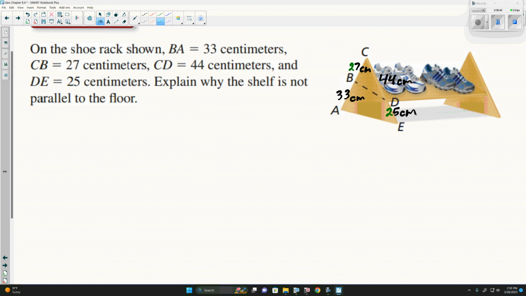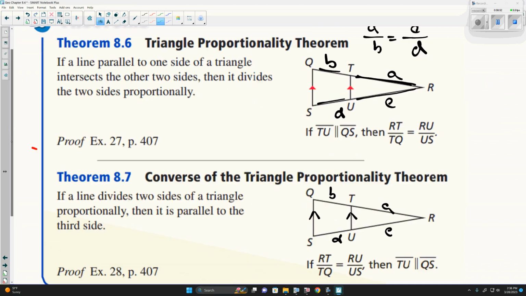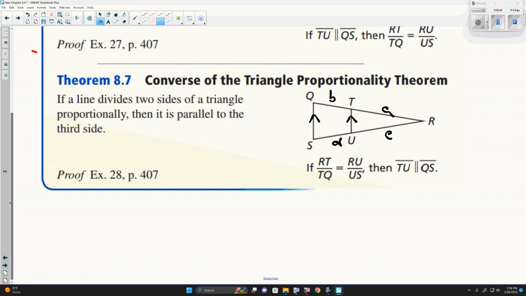So, if BD and AE are going to be parallel, then, if a line divides two sides of a triangle proportionally, so A over B is the same as C over D, then it is parallel to the third side.